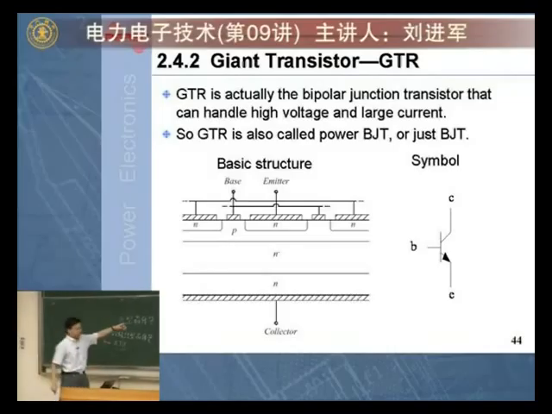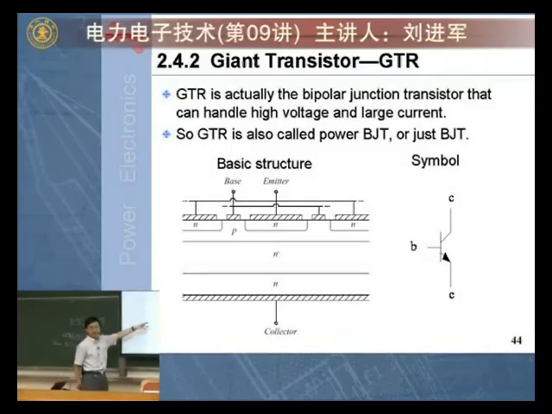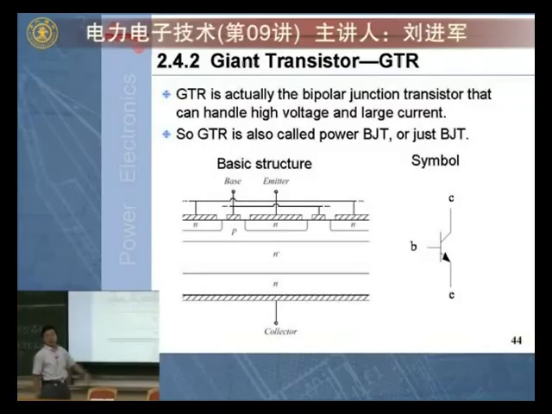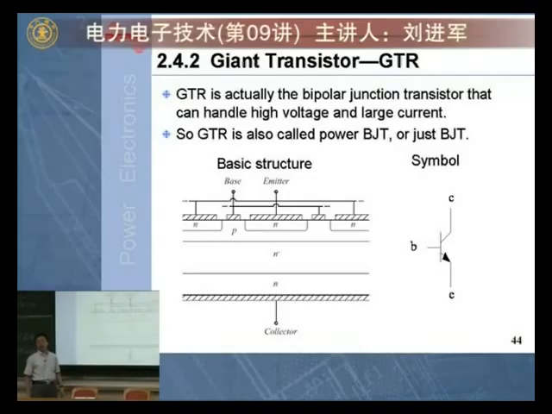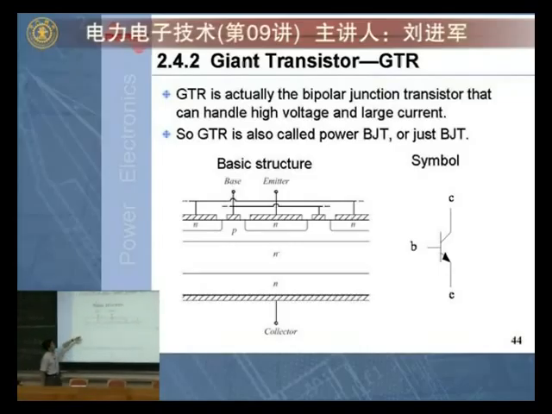The inner structure is similar to the ordinary transistor, the transistor we learned in analog electronics. It is NPN. You have an N layer, this P layer, NPN, or PNP.